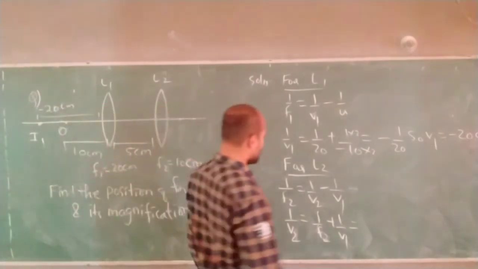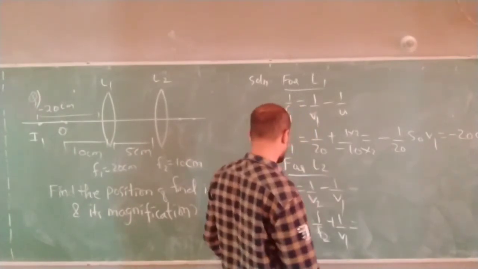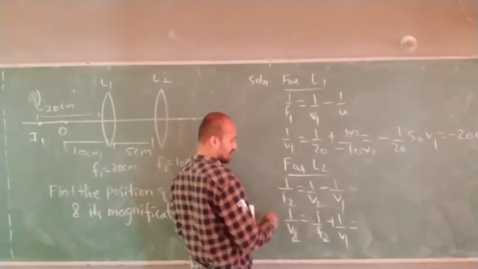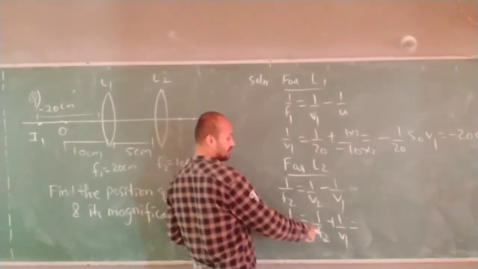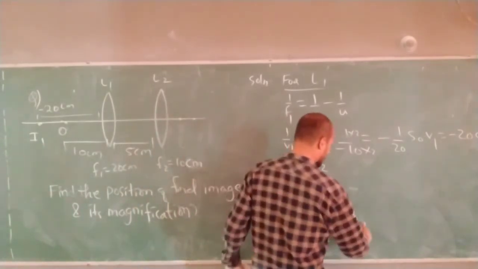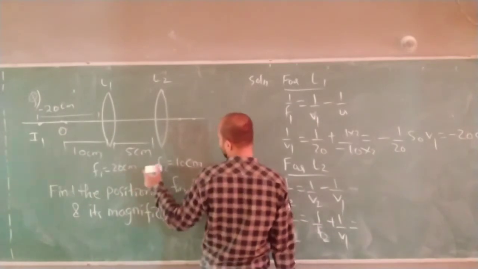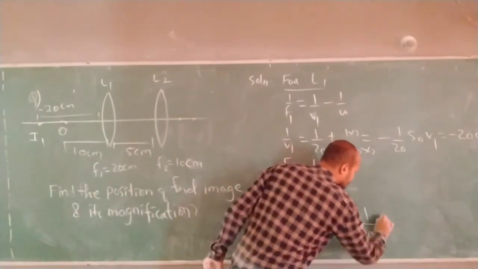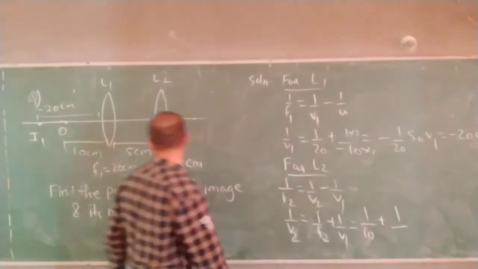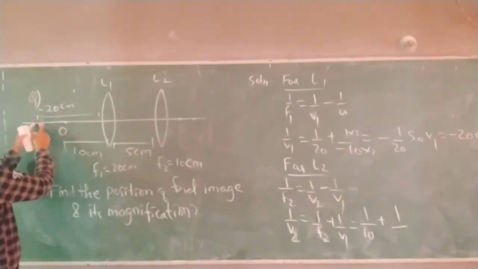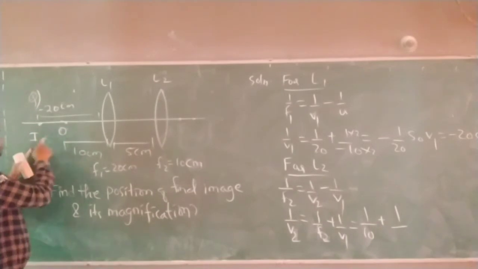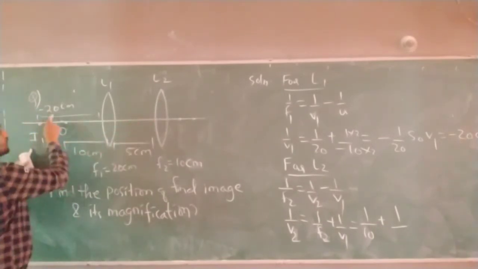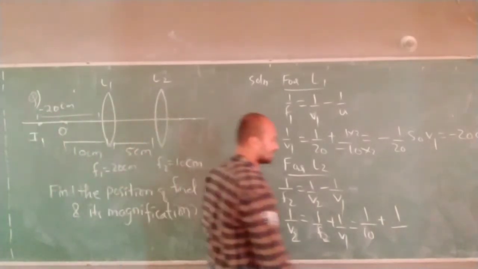Next, after this, same thing. 1 by v2 is equal to 1 by f2 plus 1 by v1. F2 value is 10, so 1 by 10 plus 1 divided by the distance. This is 20 and this is 5, and this will act as an object to this lens. 20 plus 5 is minus 25.